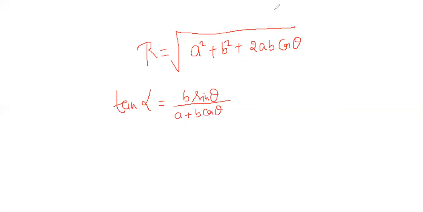Now we want to discuss special cases. How do we calculate the resultant and the resultant angle for these two vectors? The resultant R equal to under root A square plus B square plus 2AB cos theta.